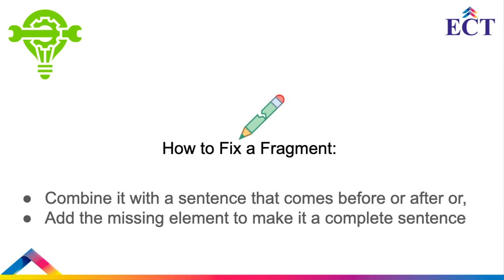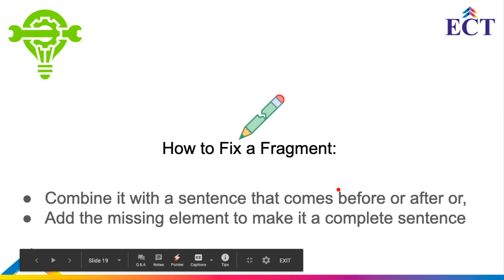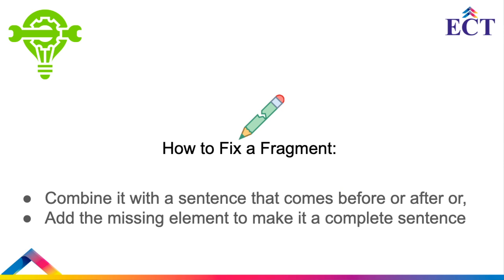Number one, combine it with a sentence that comes before or after. So either you can combine the fragment with a sentence that is preceding or following it, or add the missing element to make it a complete sentence.